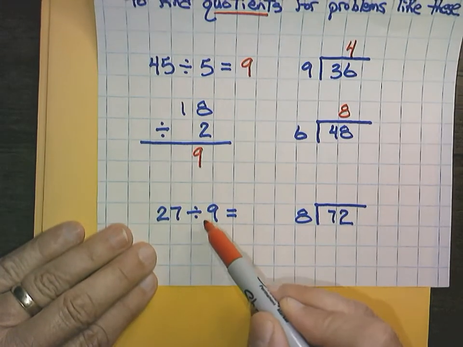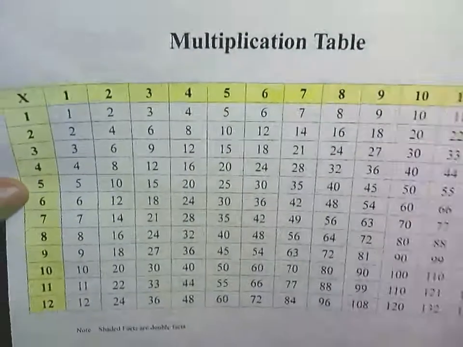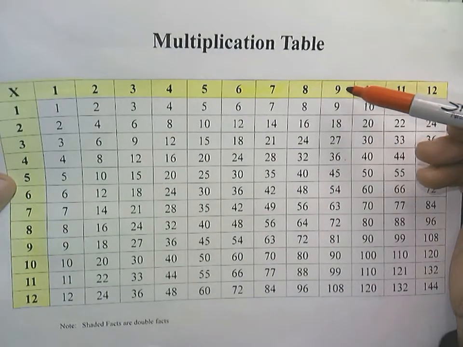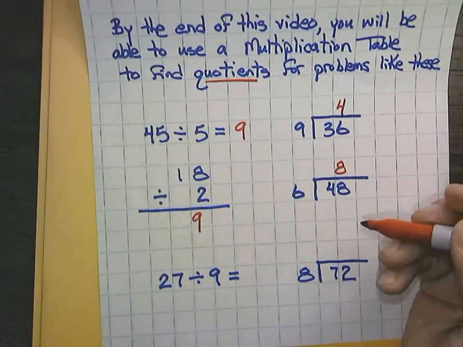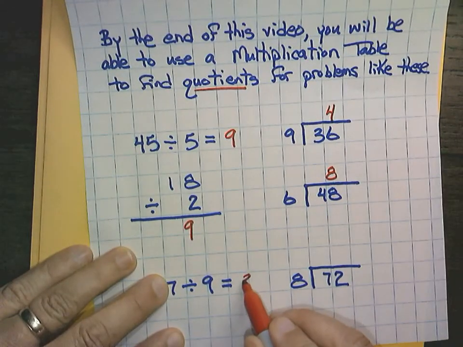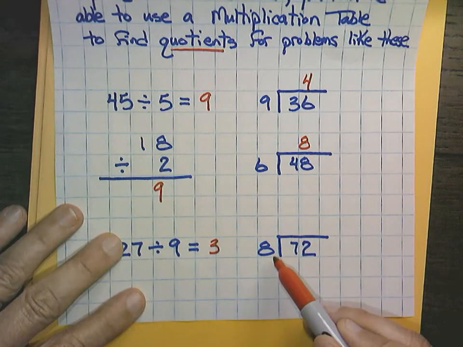27 divided by 9. Count down to 27. 1, 2, 3. And the final example, 72 divided by 8.